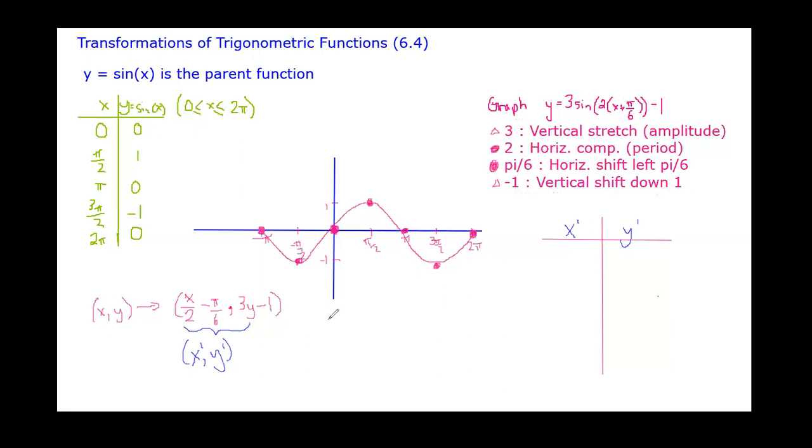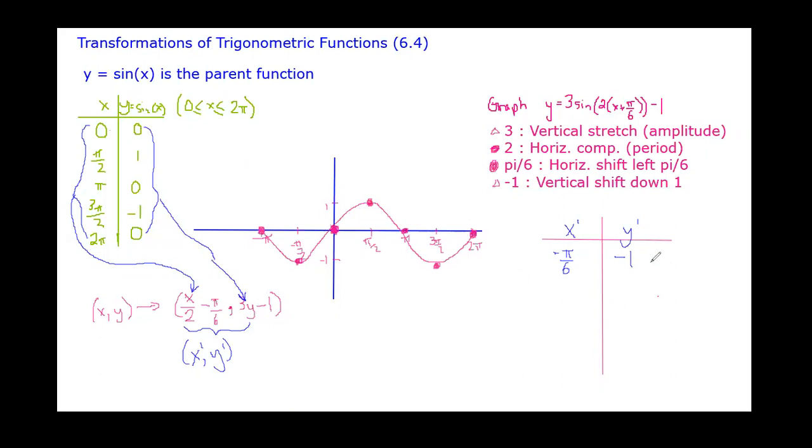The first one becomes pretty easy, because we take the point 0, 0. We get 0 over 2, which is 0, and we get negative pi by 6. And then 3 times 0 minus 1 becomes negative 1. All I'm doing is taking these values for x and subbing them in right there, and taking these values for y and subbing them in right here.